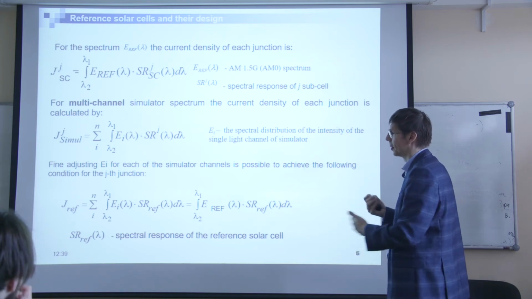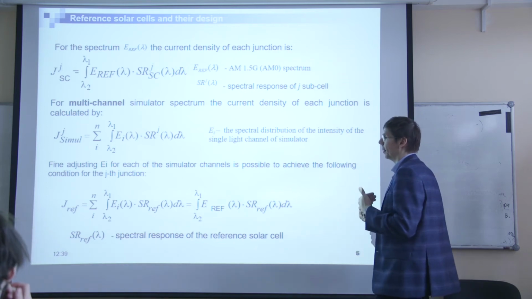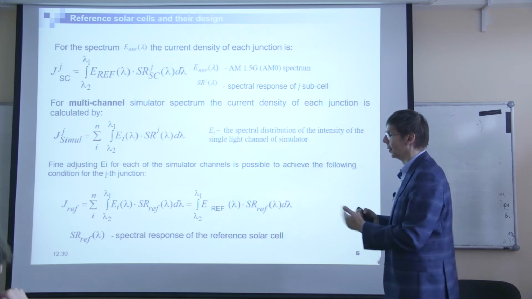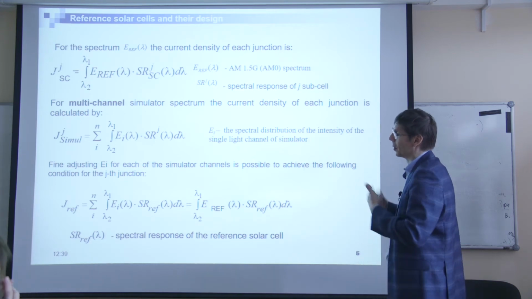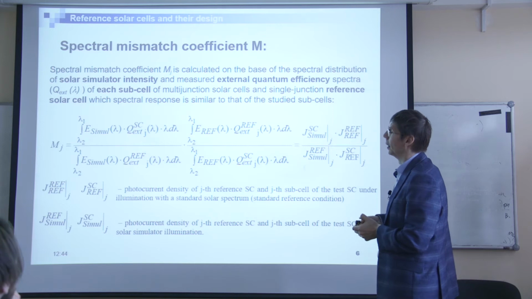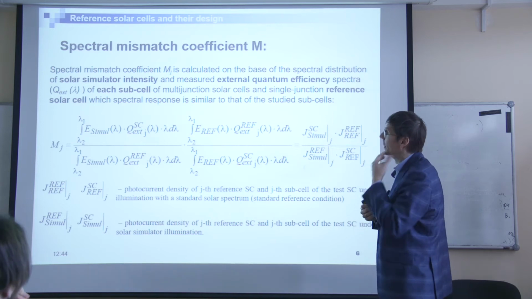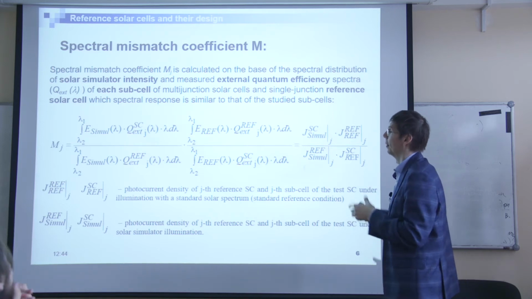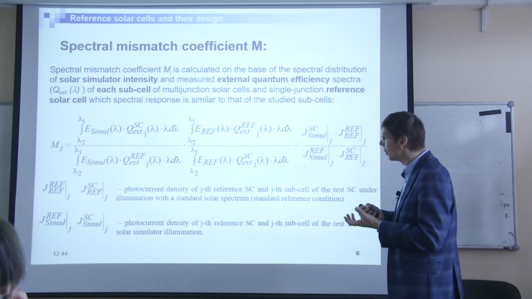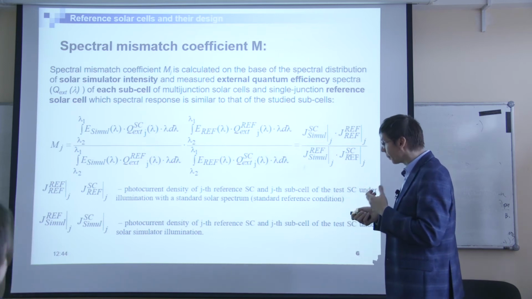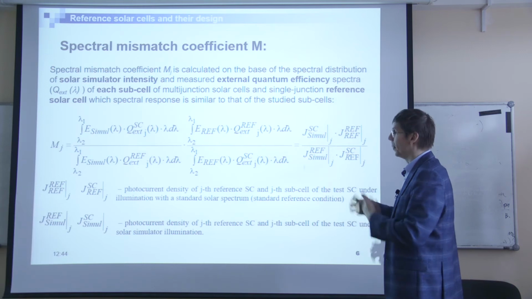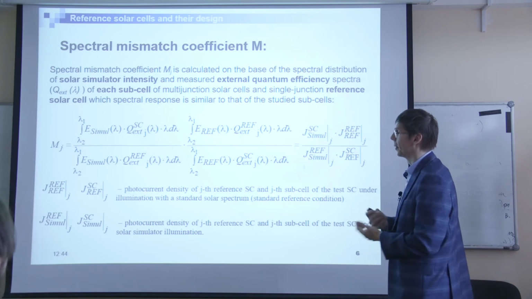You always reach some reasonable equality, so there is always some error. There is a coefficient which is called the spectral mismatch coefficient, which is used to estimate this adjustment.